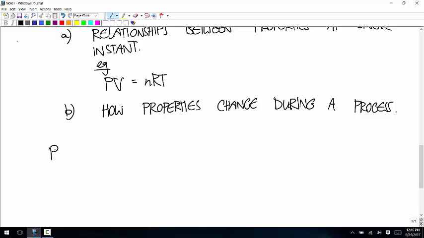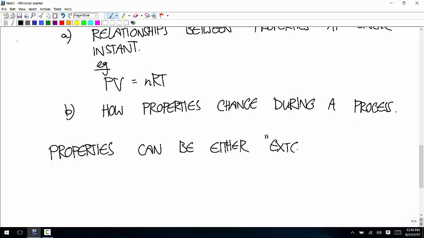So now talking about properties, they can be either extensive or intensive. We're going to use both of these types, and we're going to use the same equation in forms where the variables are intensive and the variables are extensive. So we want to be clear about what these mean.